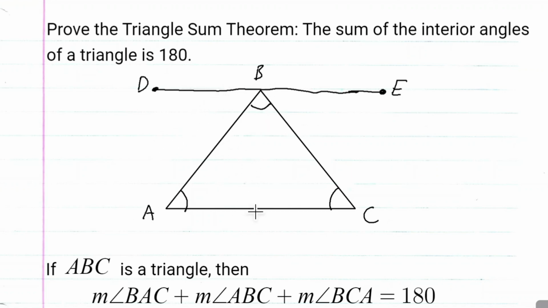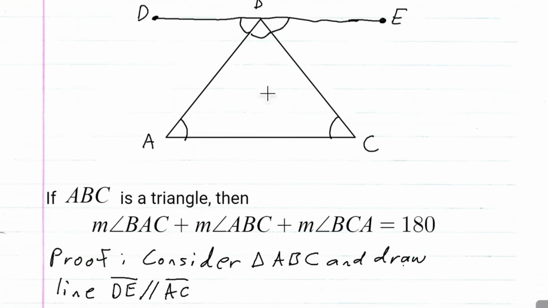Okay, so we know that this angle plus this angle plus this angle is going to be 180 because it creates half a circle. It's that linear pair. So I'll write that down.